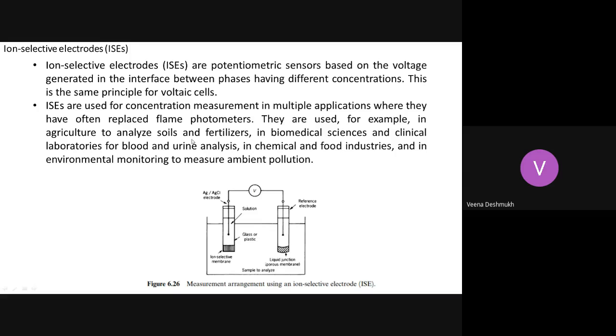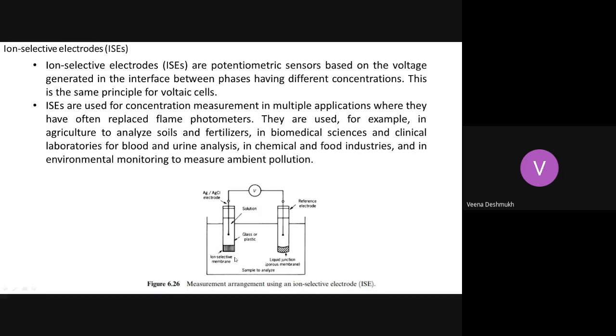For example, in agriculture to analyze soils and fertilizers. Soil and fertilizer concentrations are very, very important in all our agricultural applications, especially in flowers, horticulture and fruit. For this production, if you want to maintain appropriate quality, the concentration of chemicals in the soil, the fertilizer concentration in the soil, even the water level in the soil is very, very important.